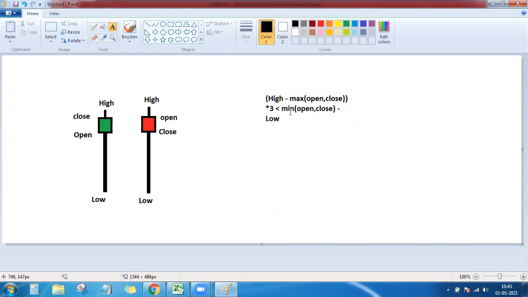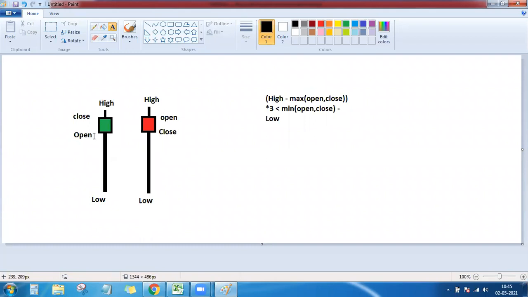So when I say minimum of open comma close, if open is at the bottom, that would be considered. If close is at the bottom, that would be considered. And low is always fixed because it is at the bottom of the candle. Now, when I say high minus close, it will be a green candle. If I say high minus open, it would be a red candle. Now, in order to convert this into a particular formula, I am taking maximum of open, close. So if it is a red candle, it will be high minus open.